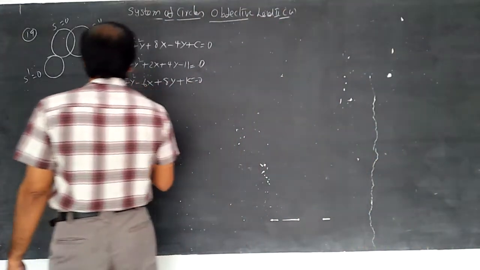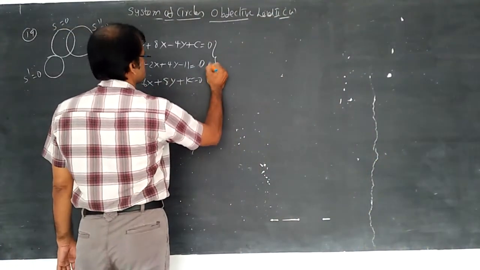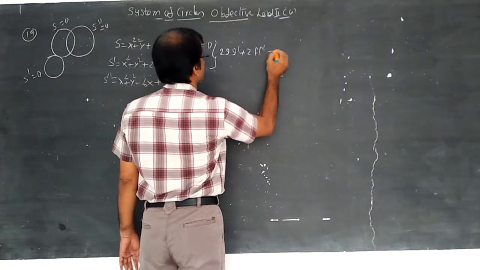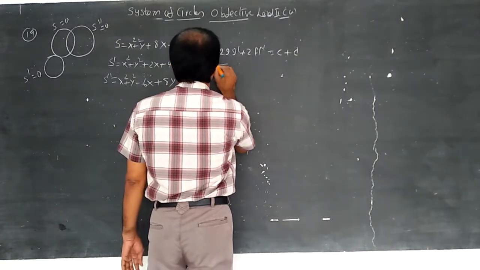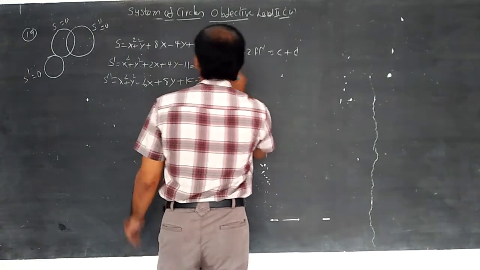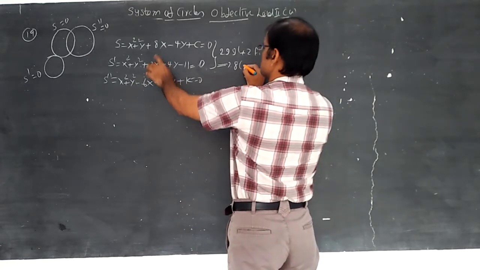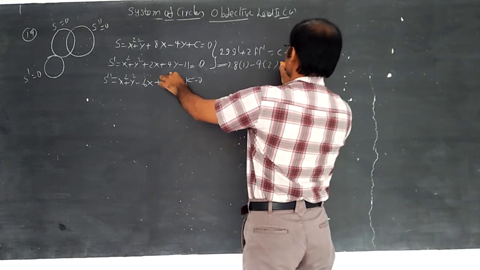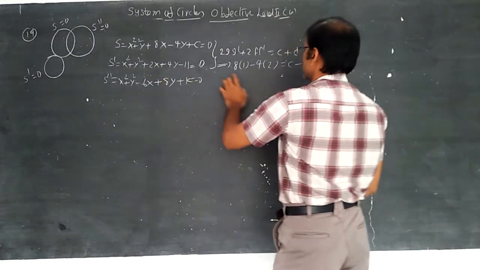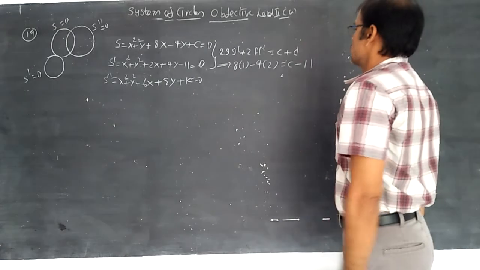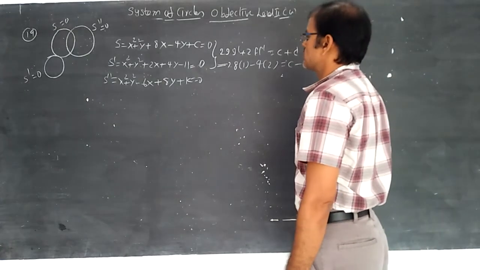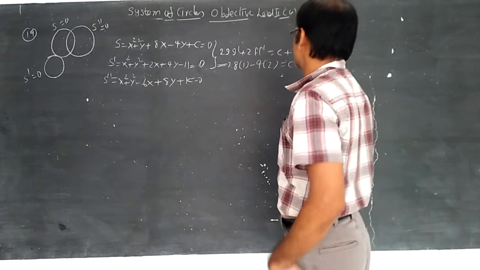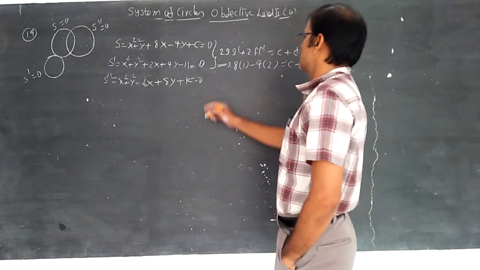Then applying 2gg dash plus 2ff dash equal to c plus c dash, it becomes 2g means 8 into g dash means 1, minus 4 into 2, is equal to c minus 11. So 8 minus 8 is 0, and c is equal to 11.